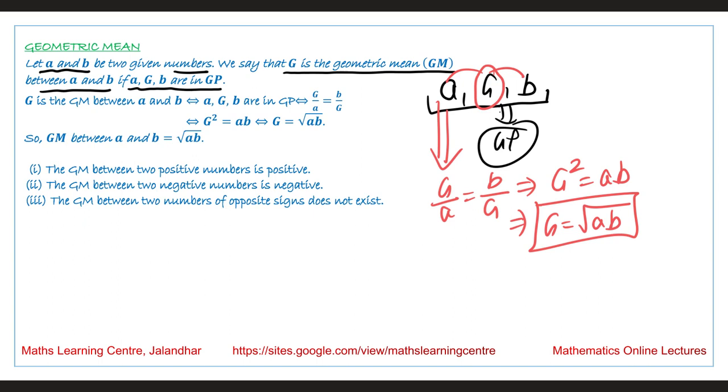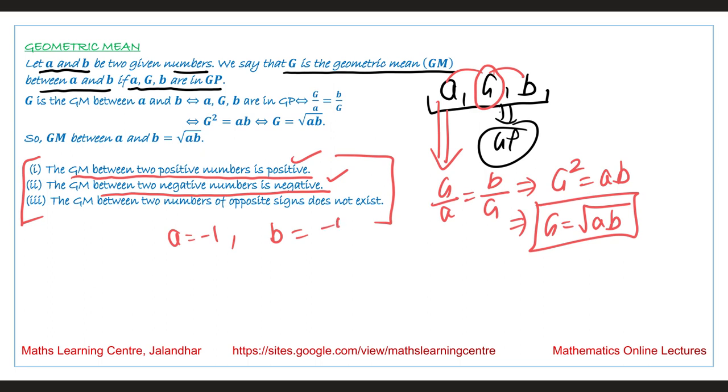Now we have some properties or results. First, the geometric mean between two positive numbers is a positive number. The geometric mean between two negative numbers is a negative number. If a is equal to minus 1 and b is equal to minus 4, then the geometric mean g is equal to minus square root of minus 1 into minus 4.